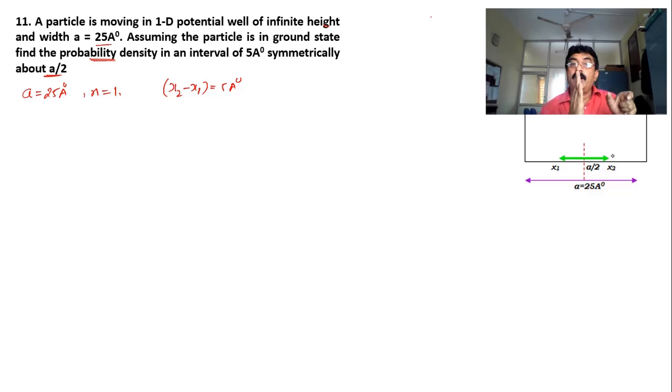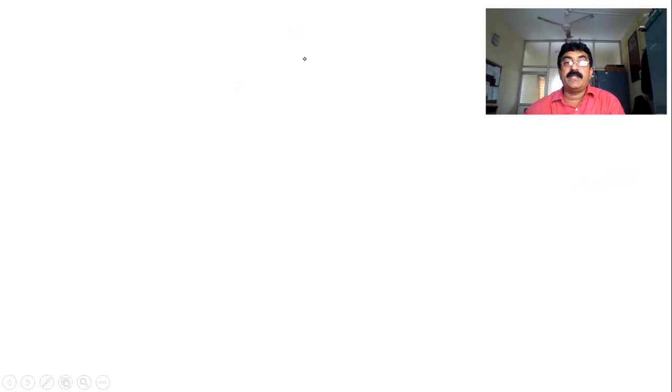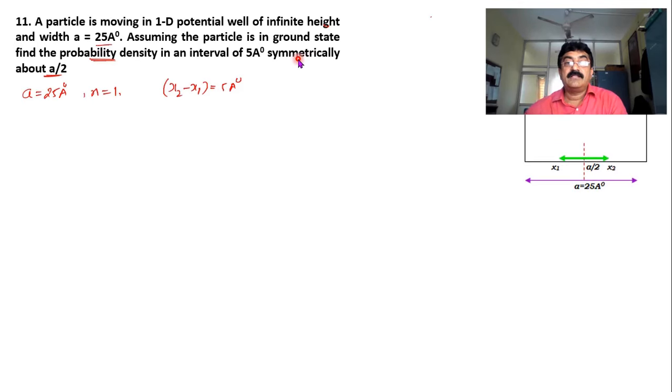Keeping 12.5 as reference, minus 2.5 this side, plus 2.5 that side, that is what the word symmetrically means. Symmetrically means the same gap on this side and that side of the center.